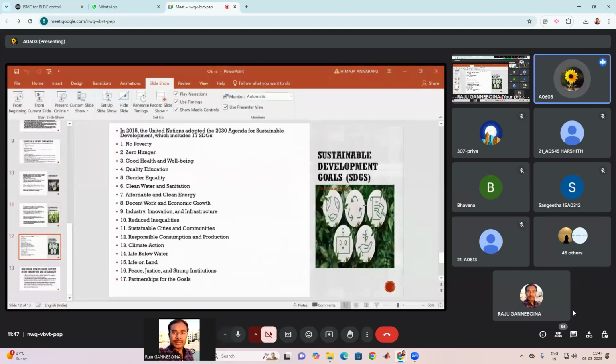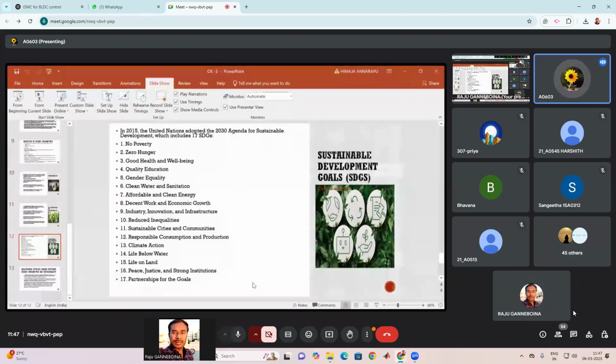Next, we come to the Sustainable Development Goals, which were set by the United Nations in 2015, and this agenda they wanted to accomplish by 2030. They took 17 Sustainable Development Goals, which are no poverty, zero hunger, good health and well-being, quality education, gender equality, clean water and sanitation, affordable clean energy, decent work and economic growth, industry, innovation and infrastructure, reduced inequalities, sustainable cities and communities, responsible consumption and production, climate action, life below water, life on land, peace, justice, and strong institutions, and partnership for the goals.